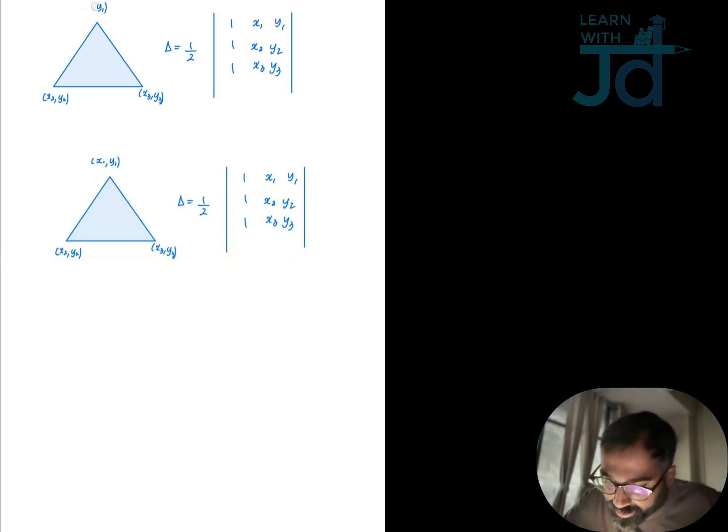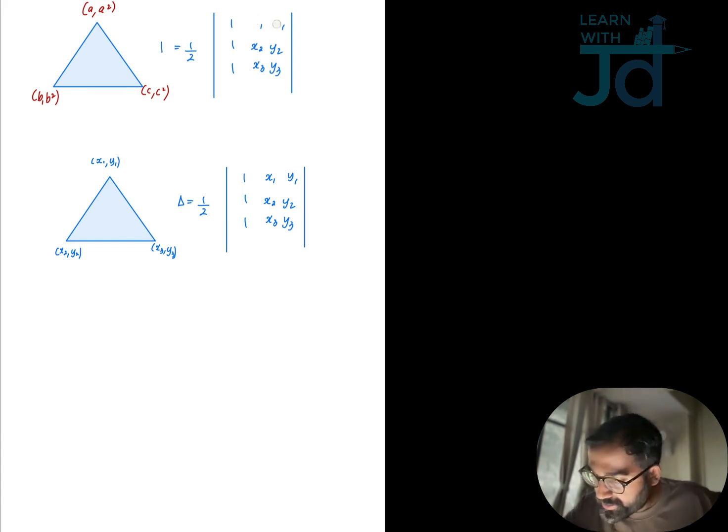So let's write the coordinates in the form that is given in the question. That is, one is A square, the other one is B square, and the other one C square. Here the area is given as 1, and I will replace this by A square, here B square, and here C square.